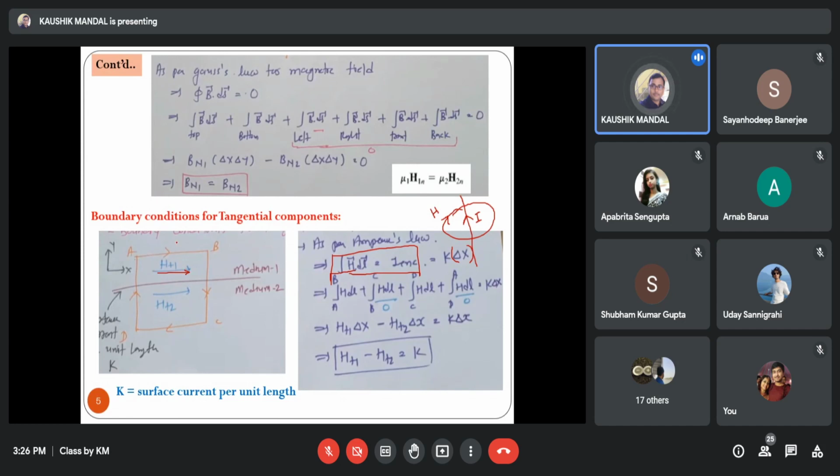If we consider AB equal to del X, BC equal to del Y, similarly CD will also be del X. Now we are considering a parameter K, known as the surface current per unit length. If K is the surface current per unit length, then the total current enclosed by this closed loop will be K into del X.